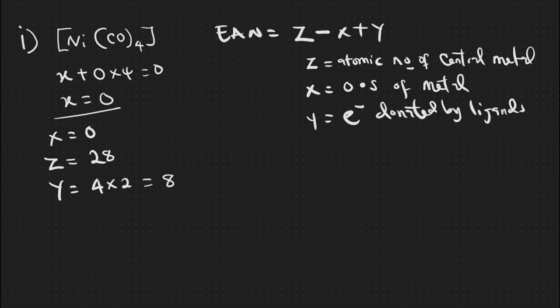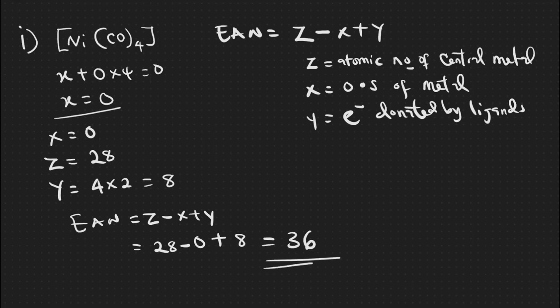So remember our formula, EAN is equal to Z minus X plus Y. So our Z is 28, minus our X is 0, plus our Y is 8. So 28 plus 8 is going to be 36.